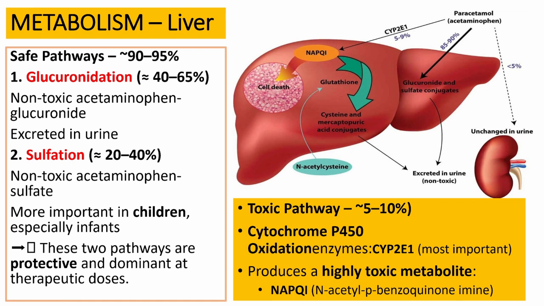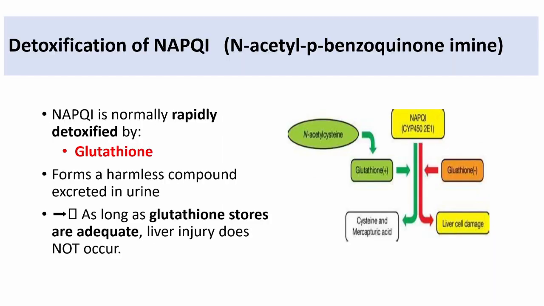What happens in overdose of paracetamol? NAPQI is normally rapidly detoxified by glutathione, and is then excreted in the urine.